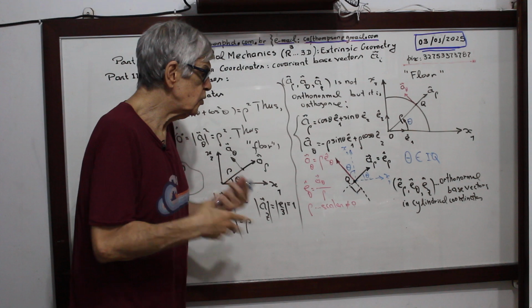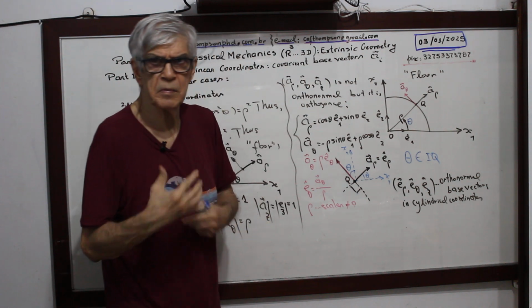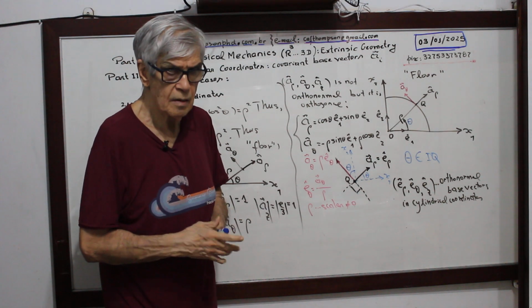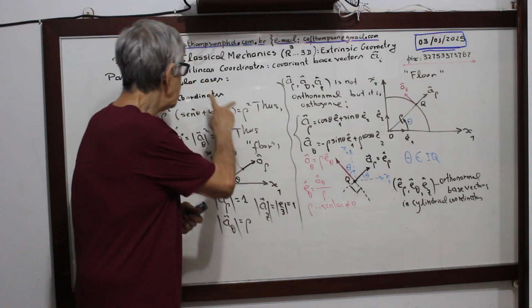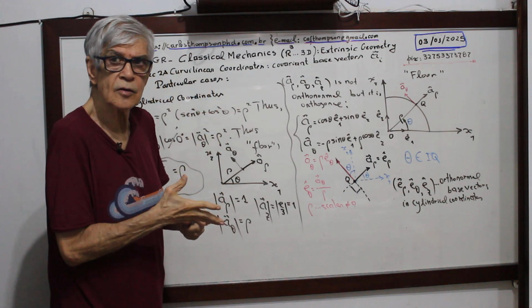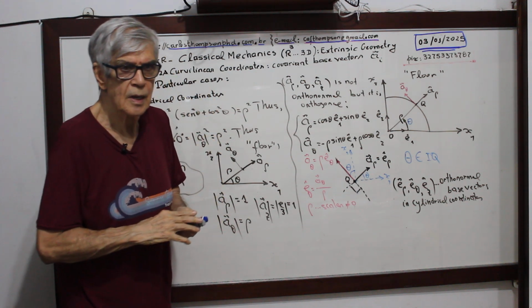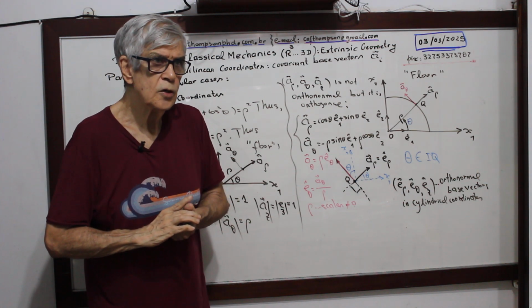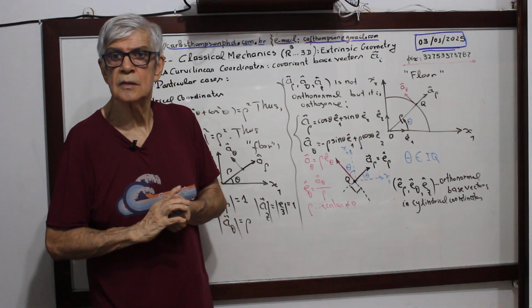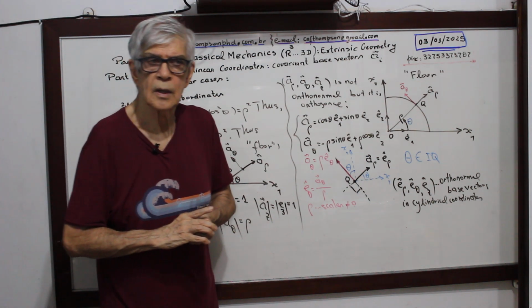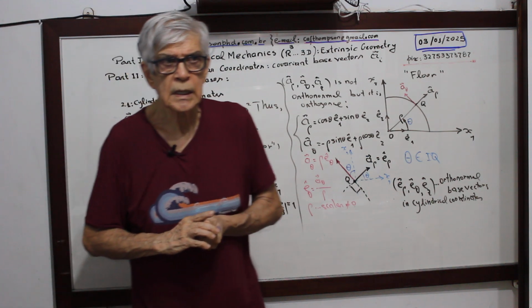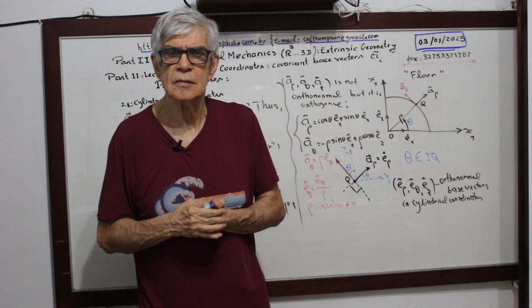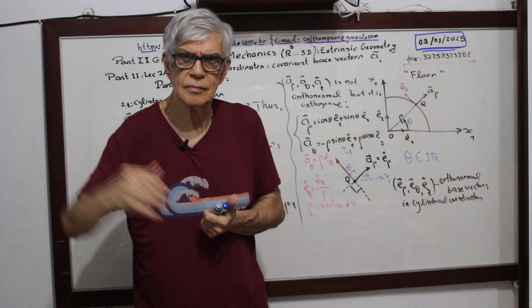Okay, next, just for you to become familiar, I'll talk about spherical coordinates. But remember, cylindrical and spherical are particular cases. In general relativity, you use some models employing spherical coordinates, like the Schwarzschild model.